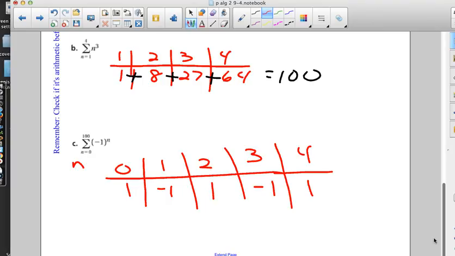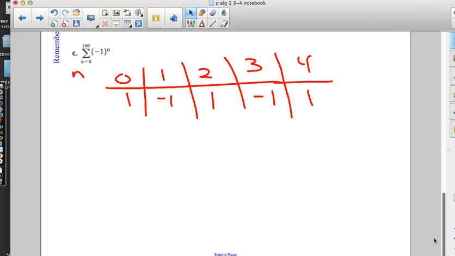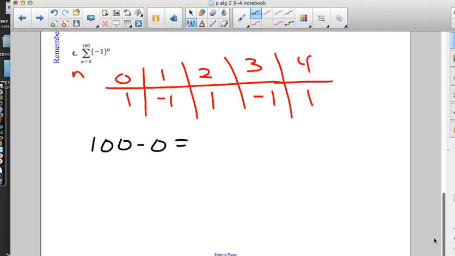But do they want an odd number? Because if they want an odd number, then it's going to end up giving us that negative 1 as the first number here. So we have to figure out what's going to happen. Actually, it'll give us the 1 as the first number. So we've got 100 minus 0. But then we have to add 1.